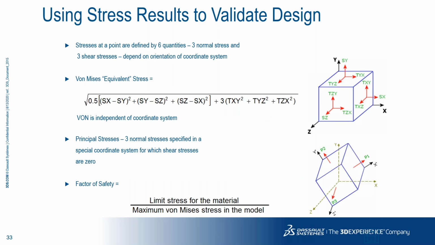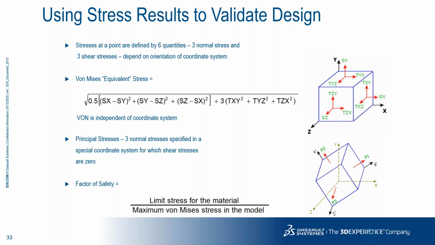In the majority of cases, whenever you go for any analysis, we use the von Mises stresses, which we use for comparison of our results. We compare these results with the yield strength of our components to get the factor of safety, or to see how they are going to fail.